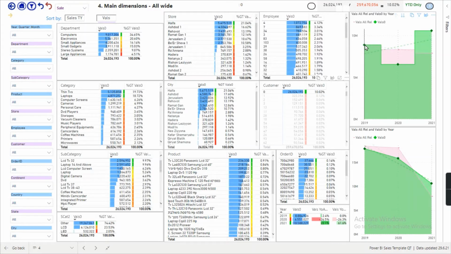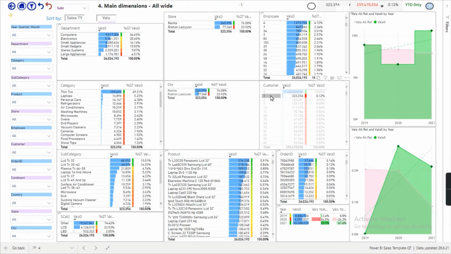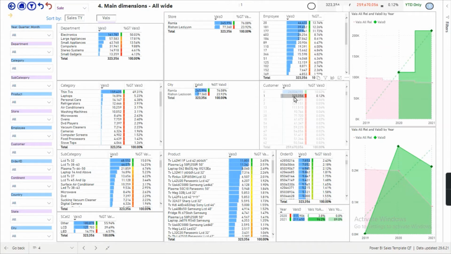It was average, exactly average, dot green and red together, under average, and well above average. It's doing well this year. So let's see the second customer, 300,000. He doesn't sell anything in 19.